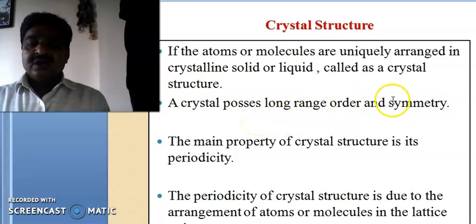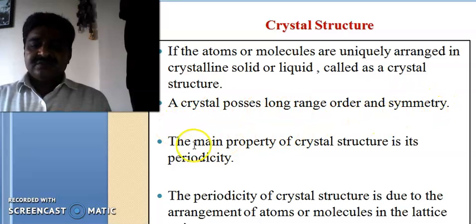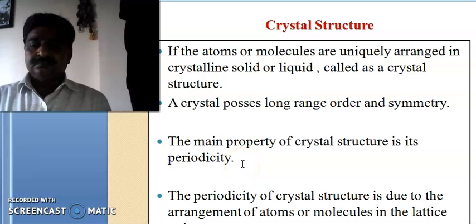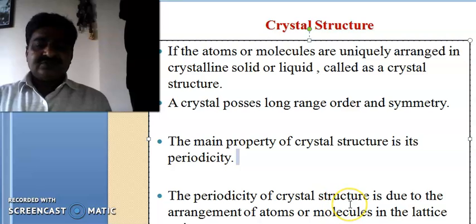Long range order and symmetry. And the main property of crystal structure is its periodicity. The periodicity of a crystal structure is due to the arrangement of atoms or molecules in the lattice points.